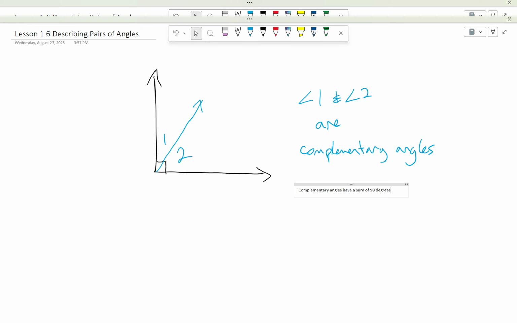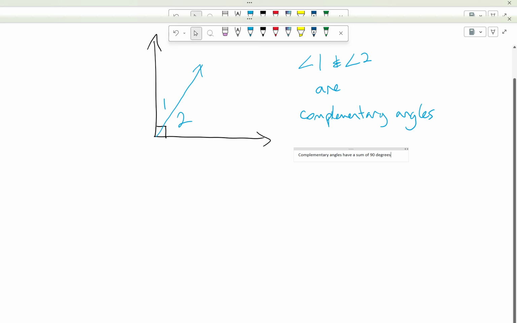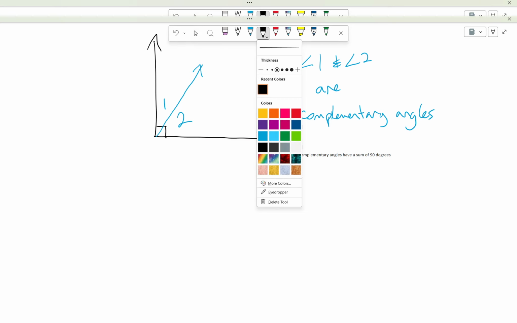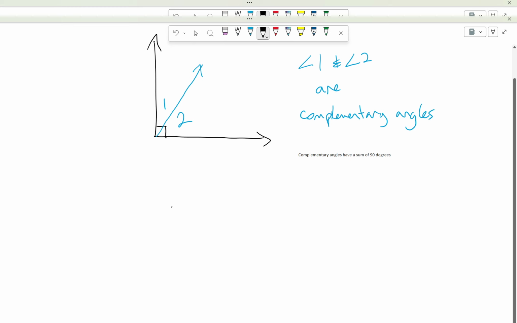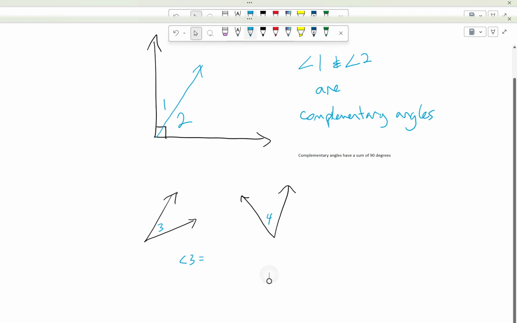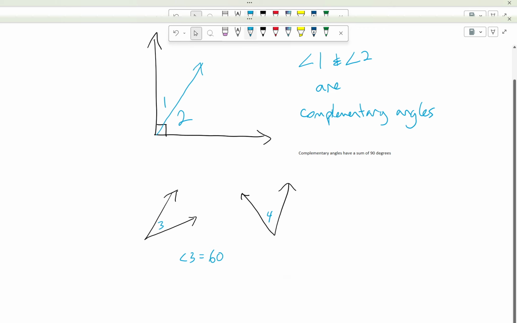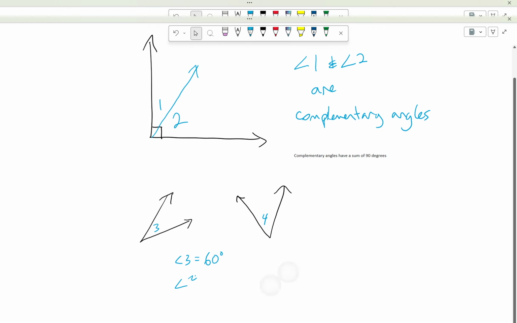Now, these angles don't have to share a side in order to be complementary, right? We'll talk about the specific definition of when they share a side. Let's do another example. We'll have this angle here in space, and another angle over here in space. This one is angle 3, and this one on the right is angle 4. Angle 3 is 30 degrees, my apologies, and angle 4 will be 60 degrees.